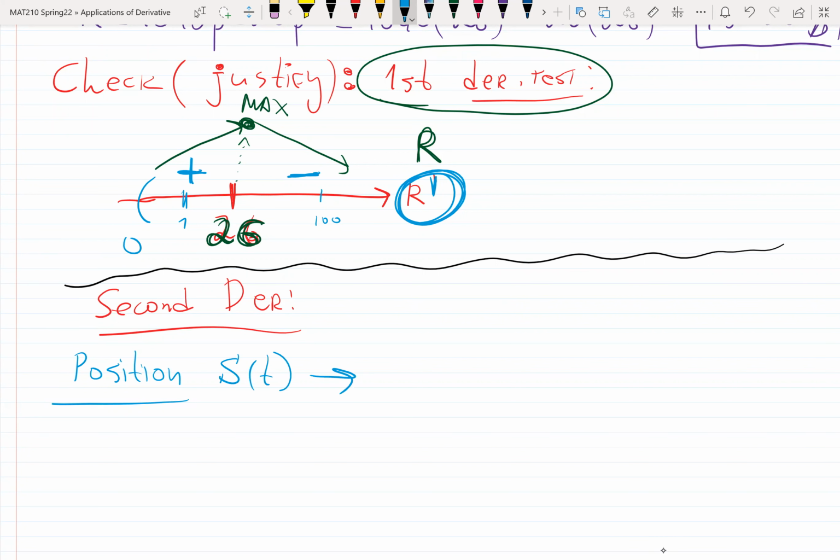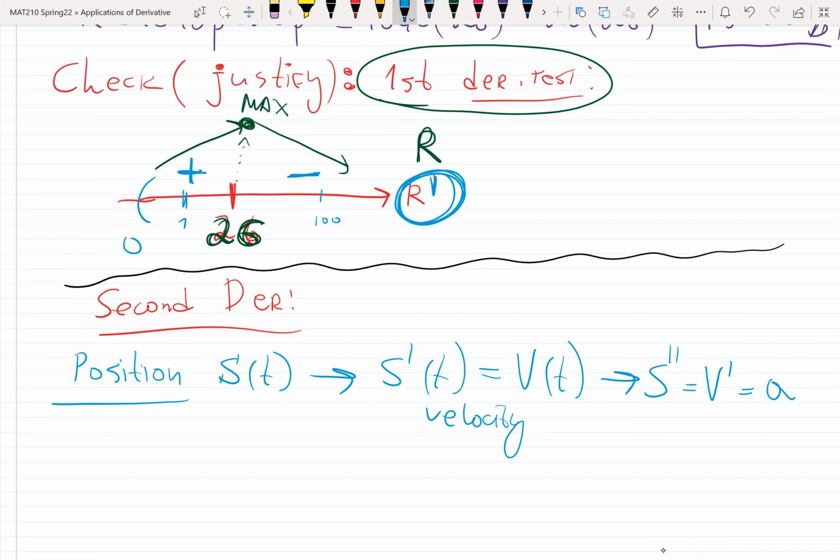They like doing that. I think in Europe we also do S of t. Then if you differentiate it once, that gives you velocity. Then if you differentiate it twice, which means differentiate the velocity once, it gives you acceleration.